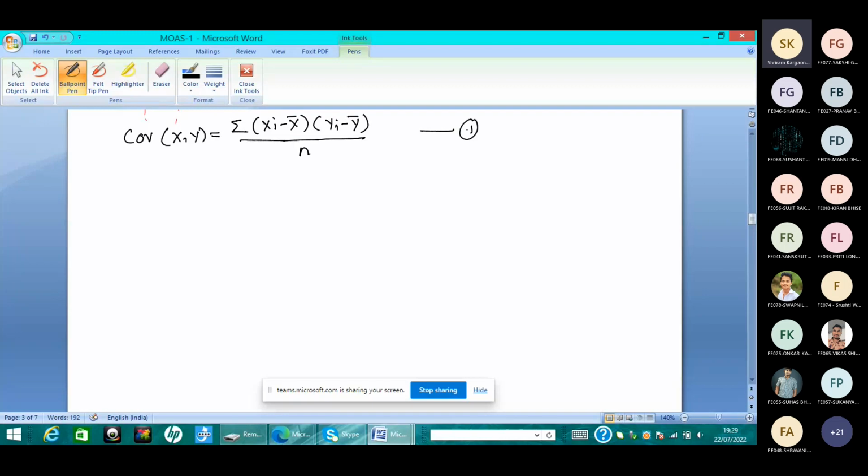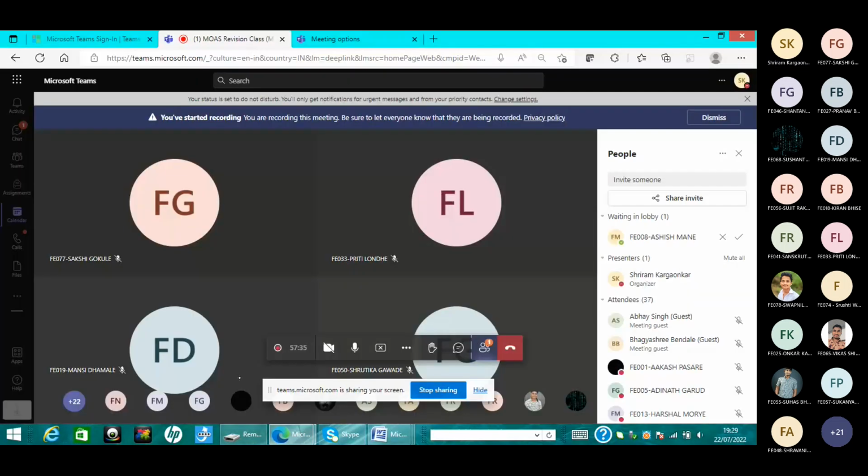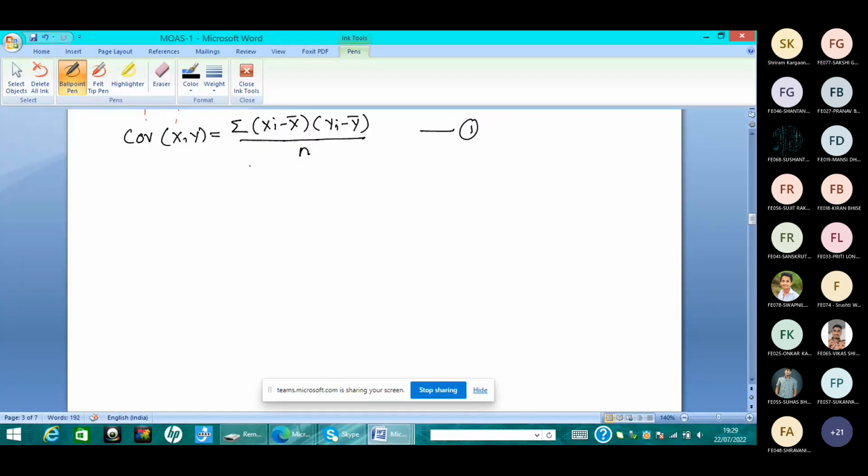This is the very basic formula. After solving it, you will see summation xi into yi upon n minus x bar into y bar. You can easily get this after solving, so we'll not go into detail how this arrived. Just follow the steps and you will ultimately land up at this final step.